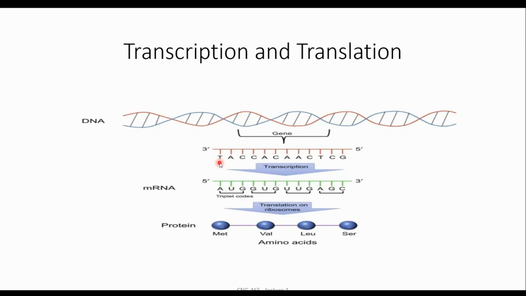T will be U, A will be A, C will be C, C will be C. So we will have an mRNA including U, A, C, C, A, C, A, C, U, C, G, if you consider this direction, 3' to 5'.